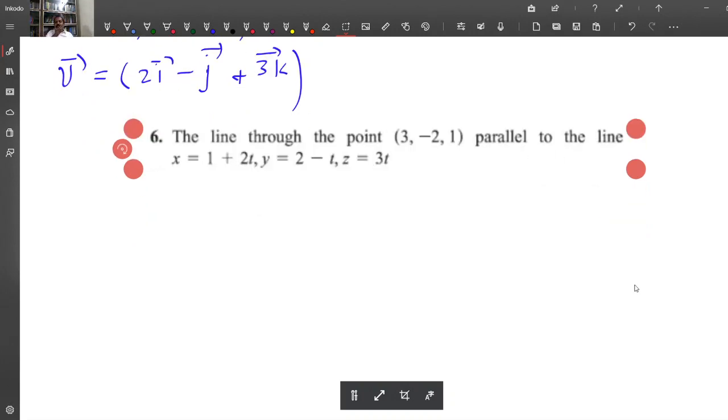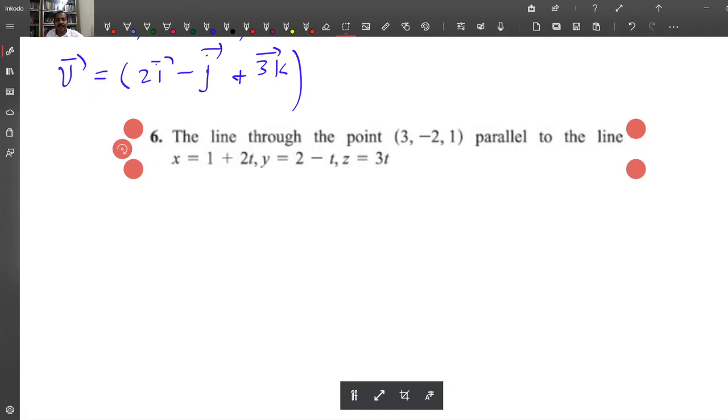Find the line through the point 3 minus 2, 1, parallel to the line x is equal to 1 plus 2t, y equal to 2 minus t, z is equal to 3t.